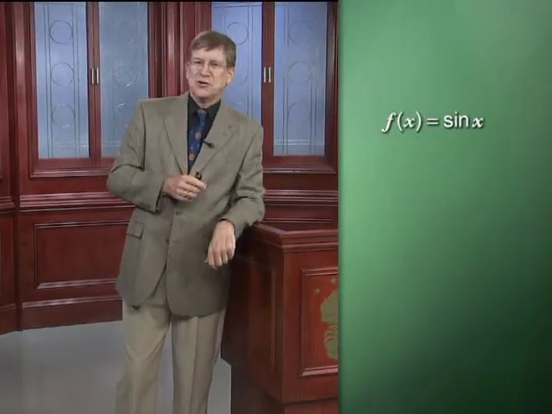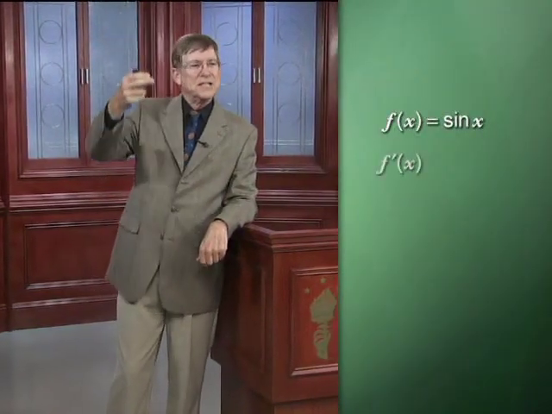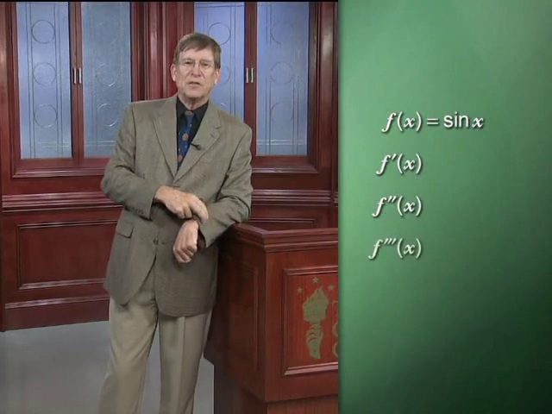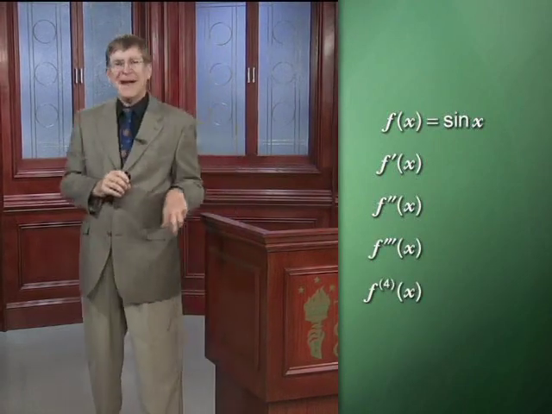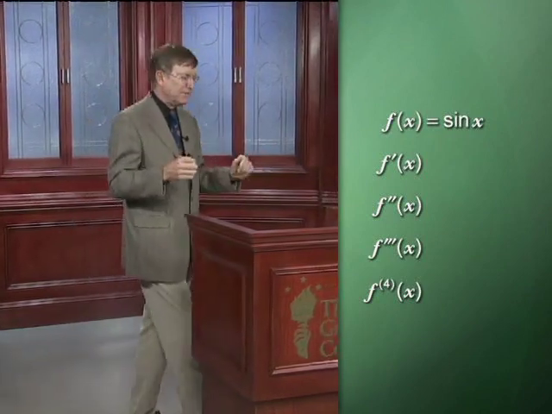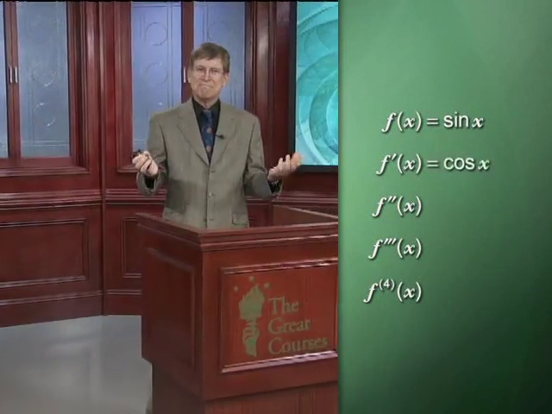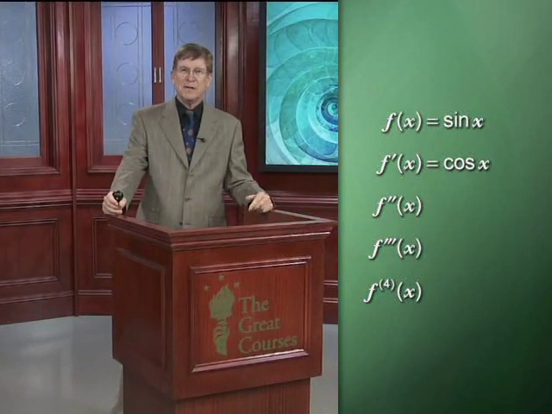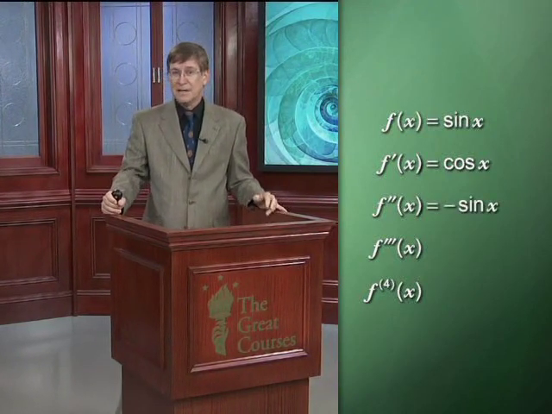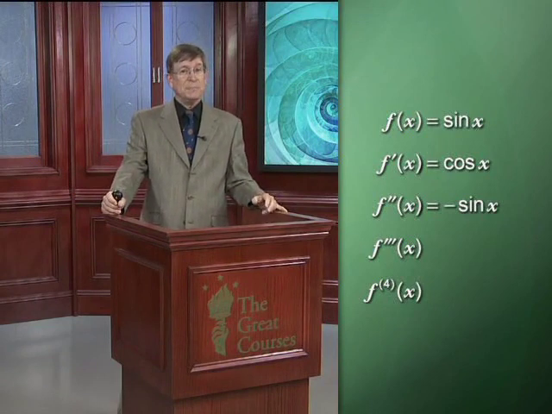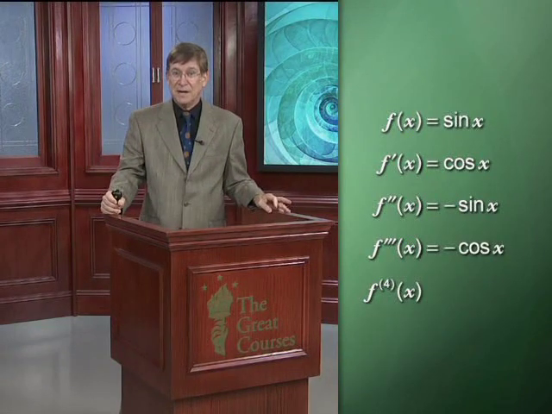Here, let's have a little game. Do you see a pattern here? Take the sine function and make a list of its first, second, third, fourth, etc. derivatives. See what happens. Okay, we start with sine. First derivative, cosine. Second derivative would be the derivative of cosine, which is minus the sine. The third derivative would then be minus the cosine.